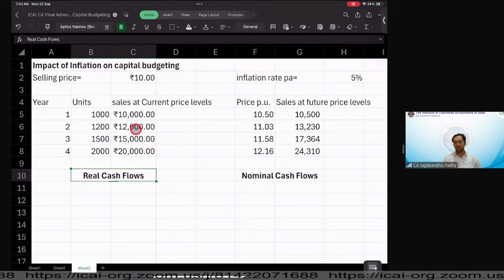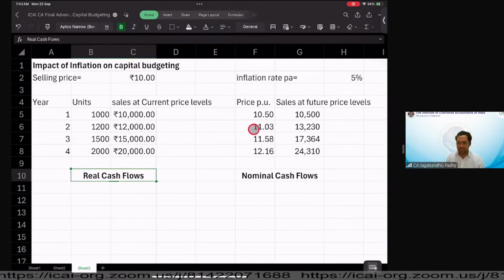Now, my question to you: can I use the same discounting rate to discount the real cash flows and also the nominal cash flows? Can I use the same rate, or does it have to be different? It has to be different, right?